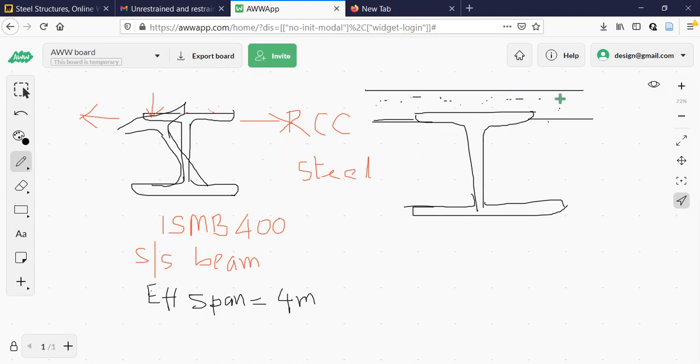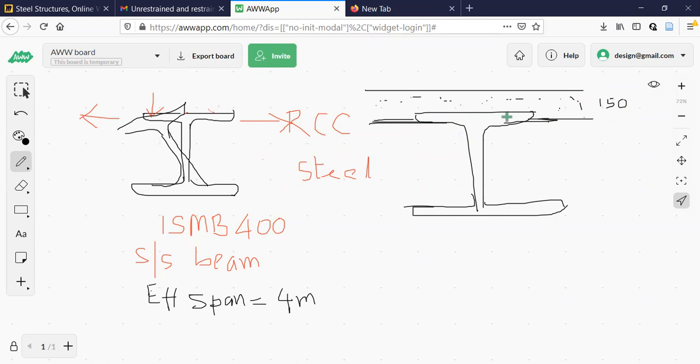This is all concrete. It is embedded inside. Exactly along this line I can't say, it may be slightly inside also, but it has not crossed 50% of the depth. Usually the slab thickness is 125 to 150, depending upon the loading, whether it is a commercial load or whatever. Usually 100 to 150. 150 is a higher number actually. Standard is 100 to 120.